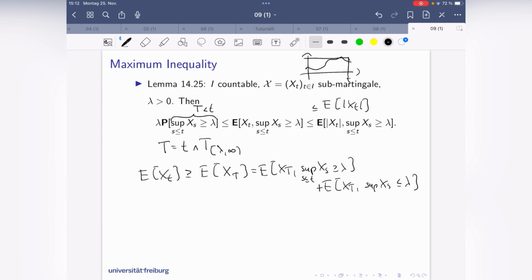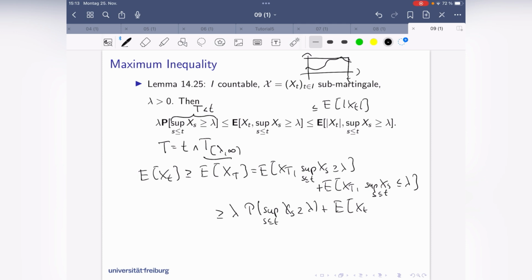And now I can bound this from below. Where the supremum of X_s is bigger than or equal to lambda, X_T is bigger than or equal to lambda, times the probability of this set, plus, well, if the supremum of X_s for s less than or equal to t is at most lambda, that means that X_T equals X_t, because T has not occurred by time t.